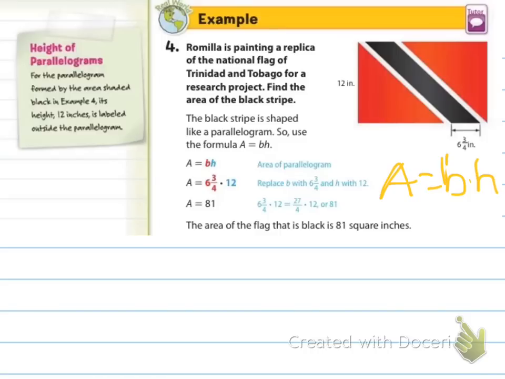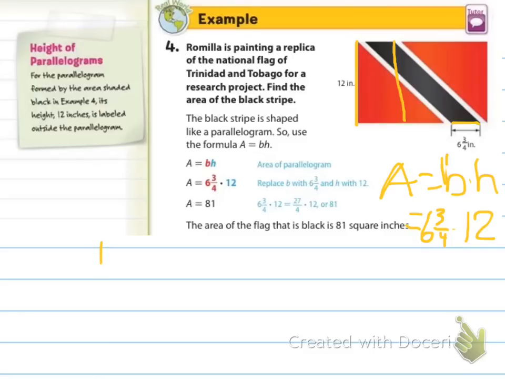All right, now we know that the height for this is 12. That makes this the base, and the base is 6 3/4. So I'm going to do 6 3/4 times 12. Remember our distributive property, where we can separate things?